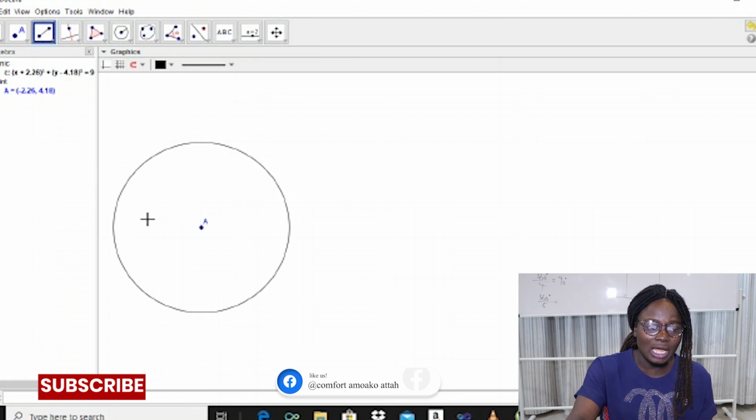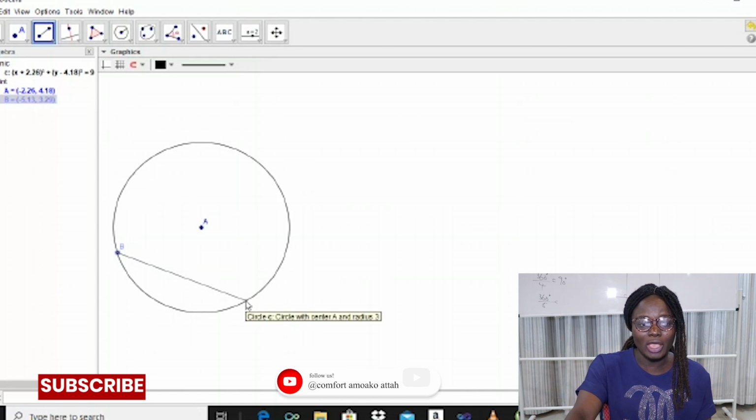Then stand at one point on the circumference of the circle and draw a chord to join another point.